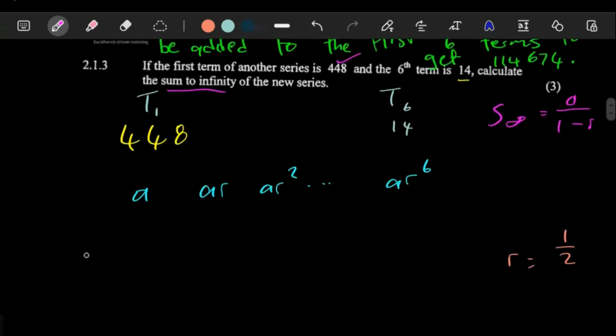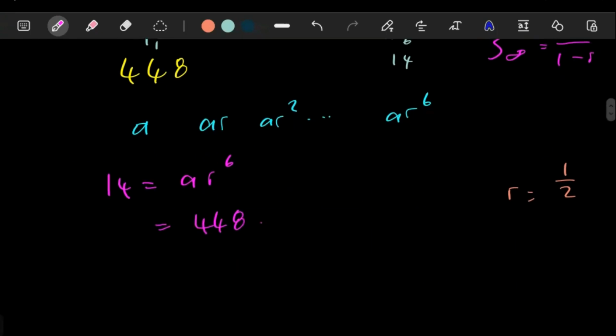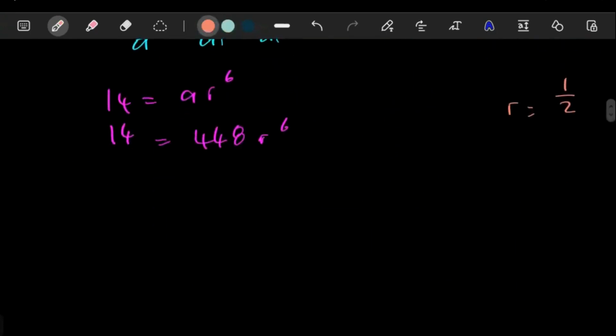So here you know that the 14 is equal to a r to the power of 6. A, we have it as 448. That's the first term. And then r here, you would have just worked it out. You would have divided both sides by 14 first. 448 divided by 14 is 32.